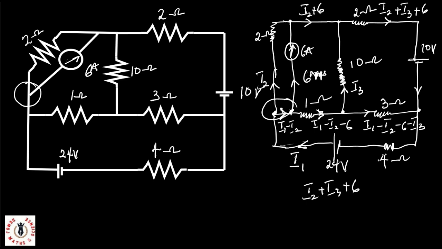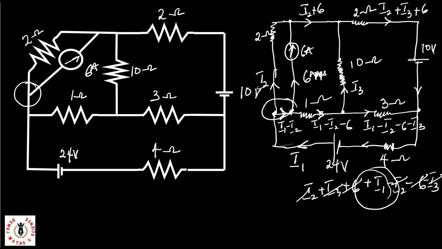Then I have I2 plus I1 minus I2 minus 6 minus I3. I want you to observe something, so that at this node here, I2 gives away with minus I2, my 6 gives away with minus 6, and my I3 gives away with minus I3. So I'm left with what? I1 in here. So that tells me that I'm very correct with my current selection. What I have here is I1.